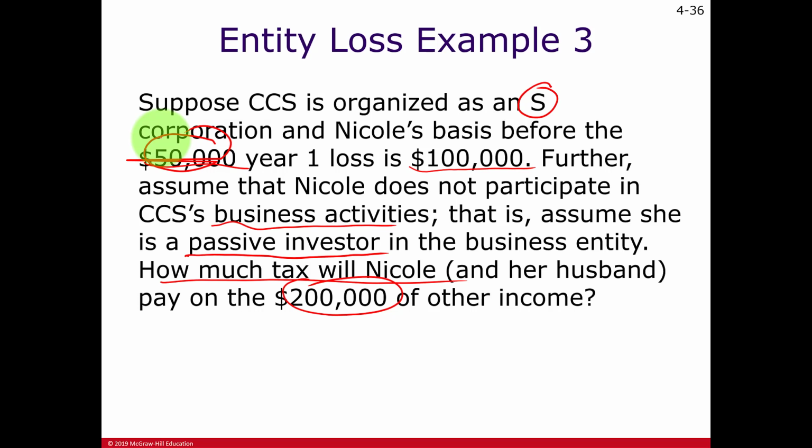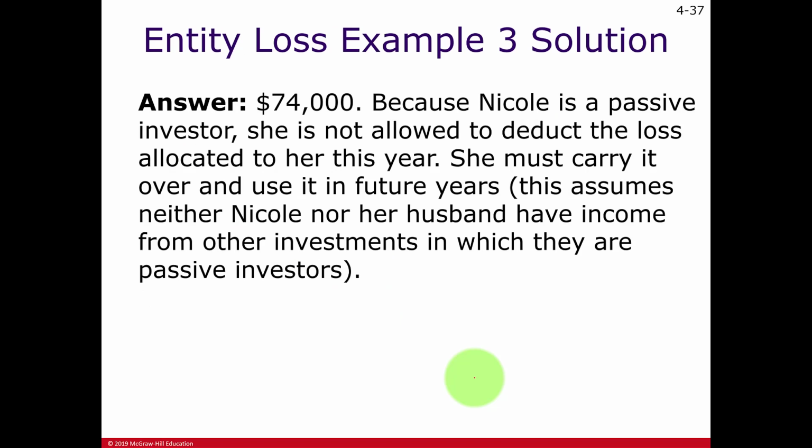And as we'll discover more in the next chapter, passive losses can only be deducted in a year you have passive income. And this 200,000 of income from her husband, I assume it's work income, is not considered to be passive income. So it's still 200,000 of taxable income, times that 37% to get that 74,000.